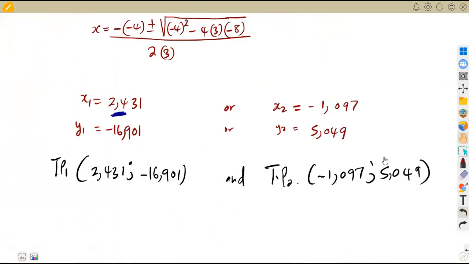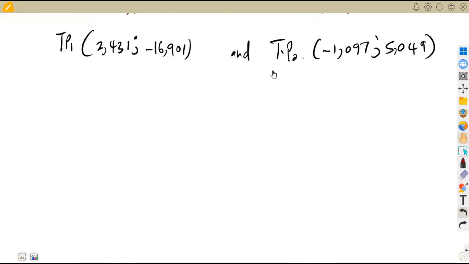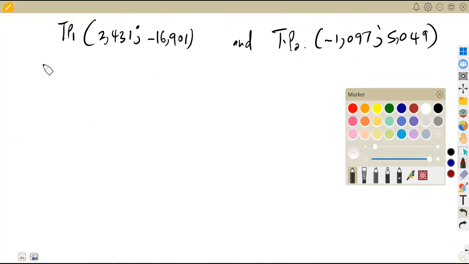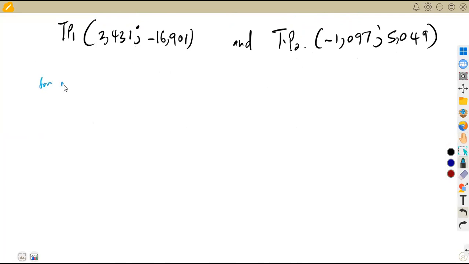In order for you to tell whether the turning point is maximum or minimum, you work with the second derivative.